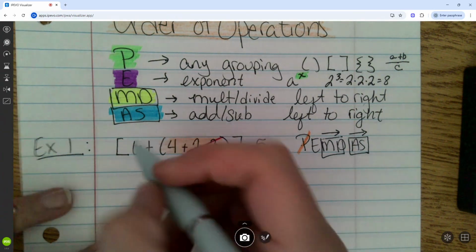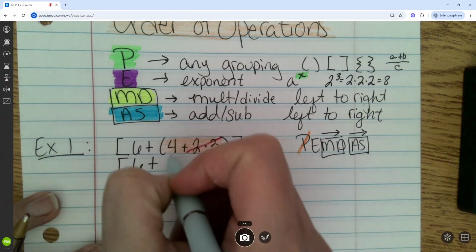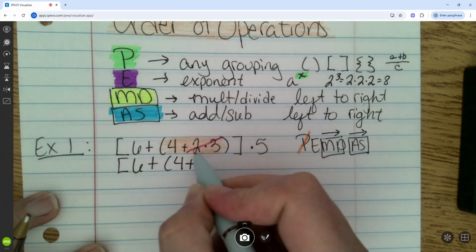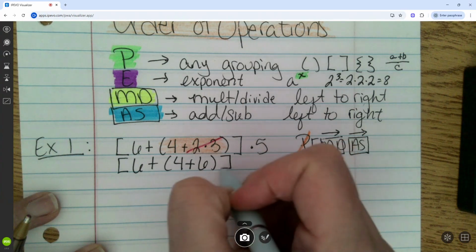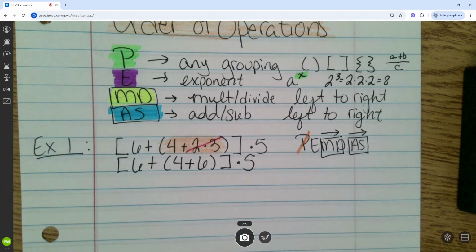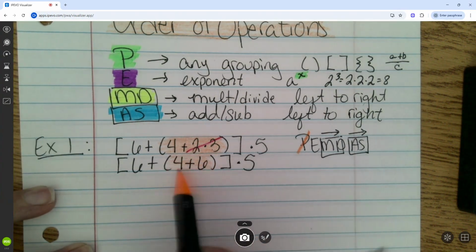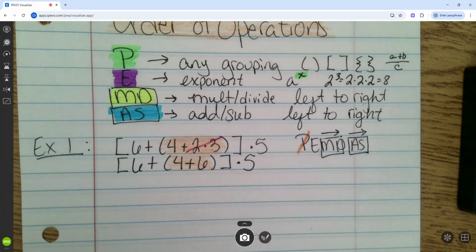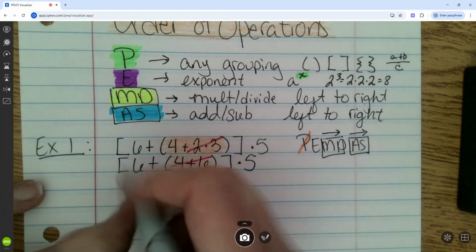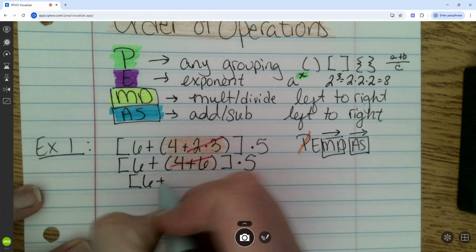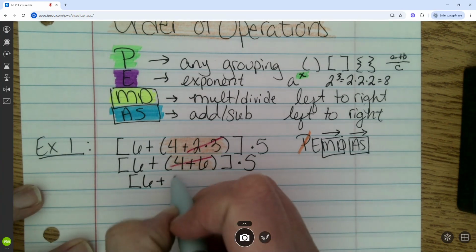Okay, so I will copy everything down, but I will replace the 2 times 3 with a 6. And then I continue on, again working with my grouping symbols inside out. I will now take care of that adding, copy everything down, and 4 plus 6 is 10.